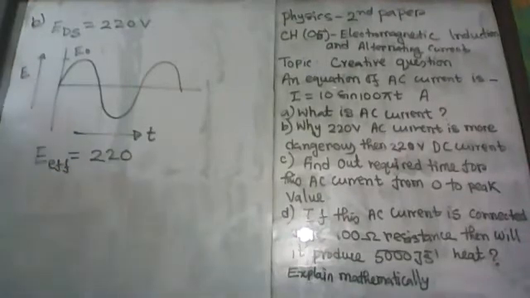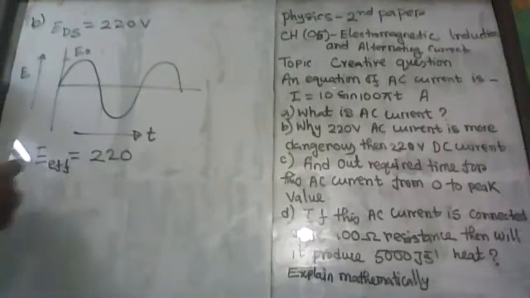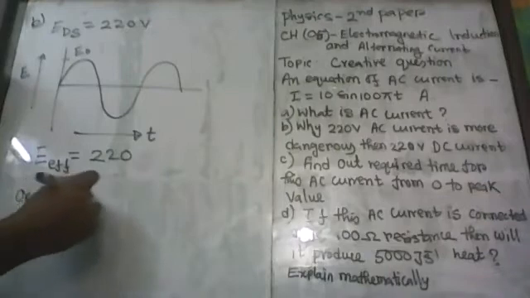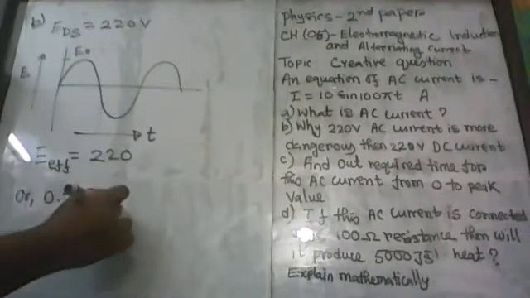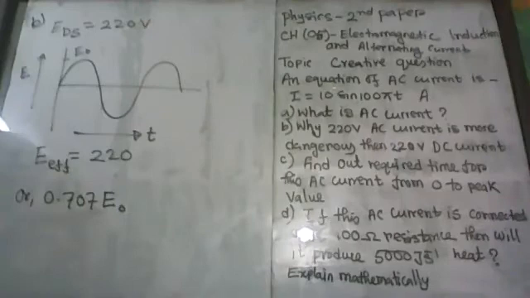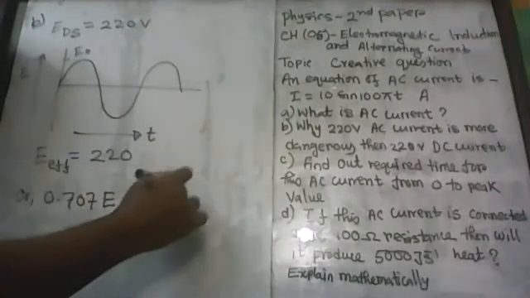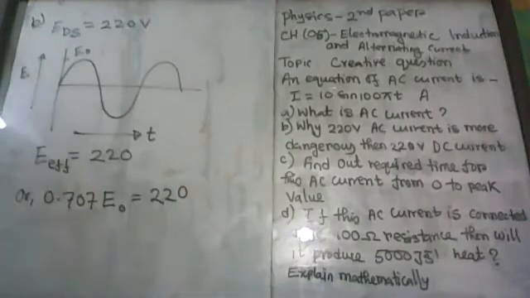Now I'm going to find the value of its peak value E naught. The effective value equals 0.707 E naught, and it equals 220.